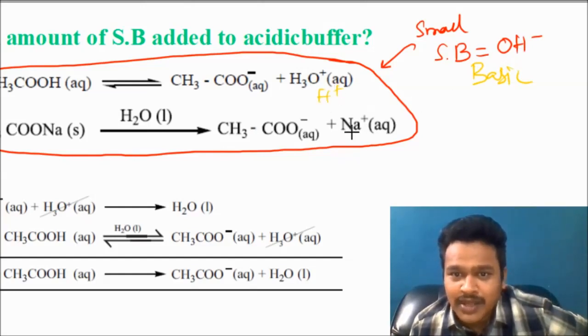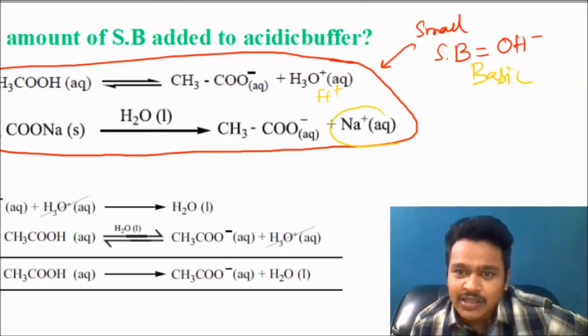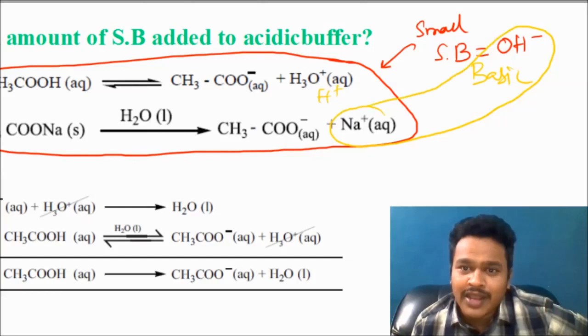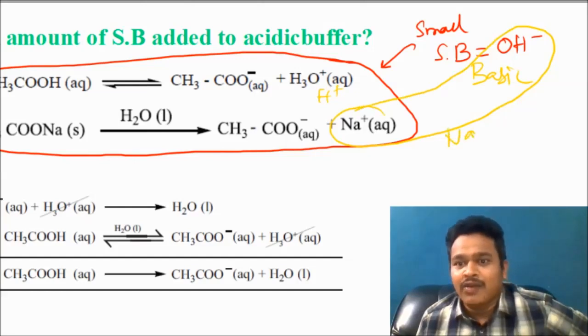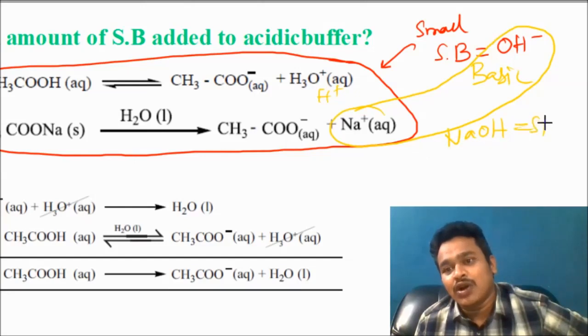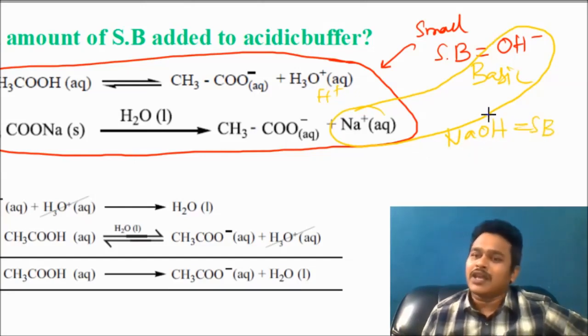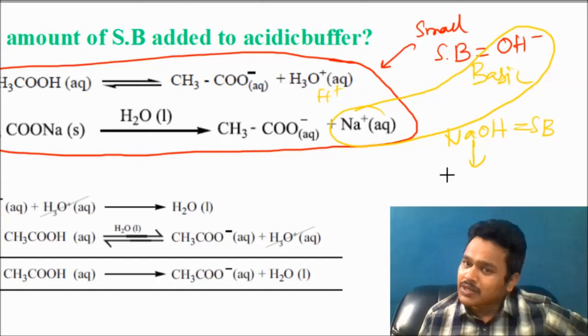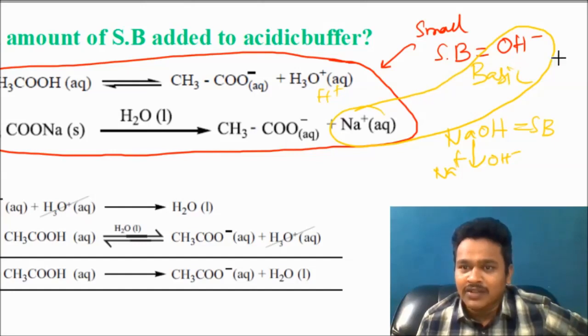This OH minus and Na plus, in case these two combine, what can you expect? NaOH. NaOH is a strong base. A strong base cannot stay in this form; it again comes as Na plus and OH minus, so it is not going to combine with this.